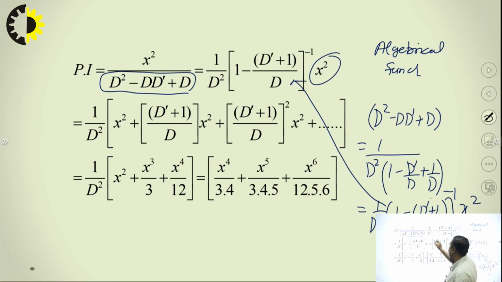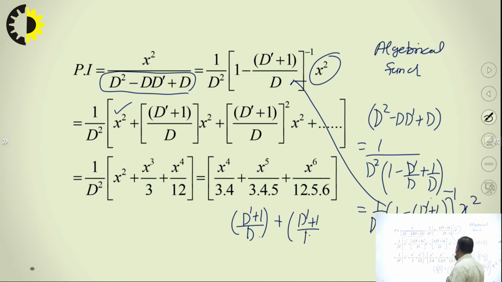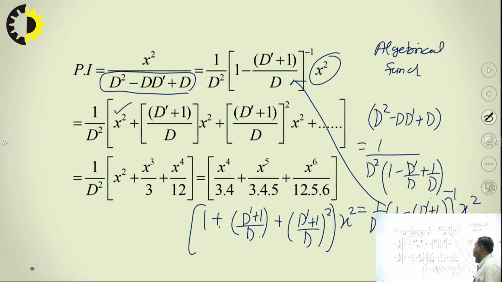And after binomial expansion, that becomes: first term is x square, second term is D dash plus 1 upon D, and the next term will be D dash plus 1 upon D whole square, into x square. That is the term.